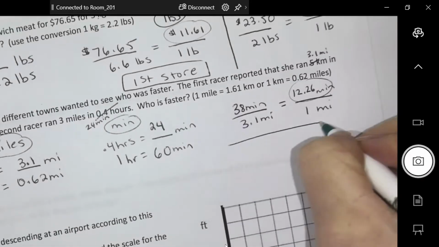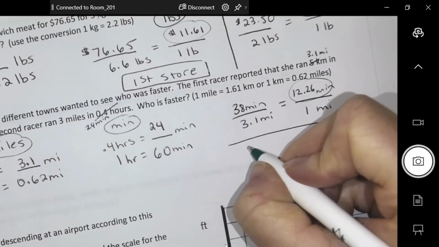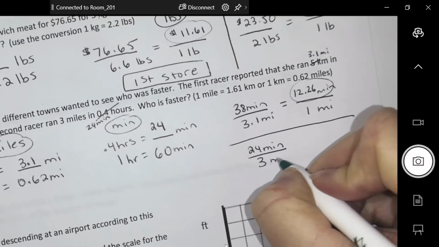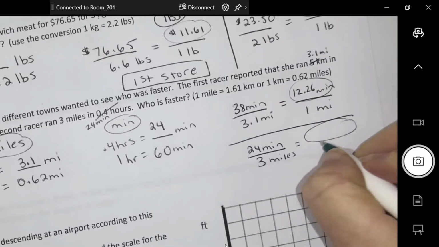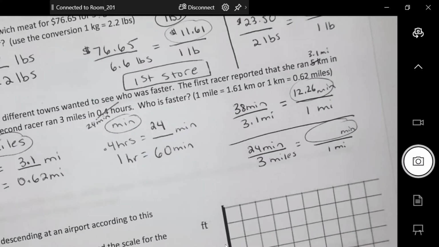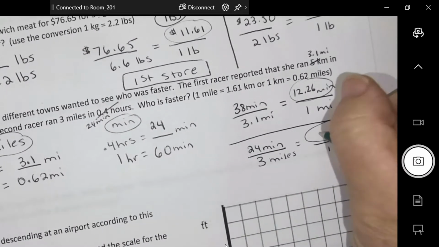And then the other person, we have 24 minutes to run 3 miles. Okay, I can do this one in my head. 24 divided by 3 is 8.